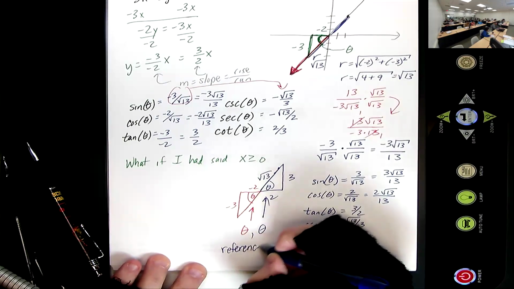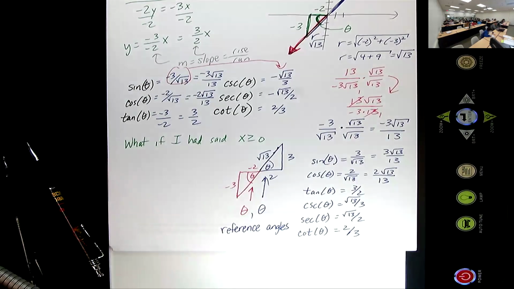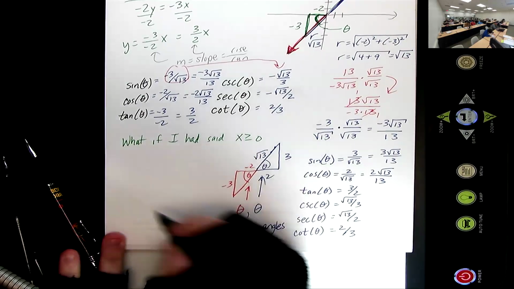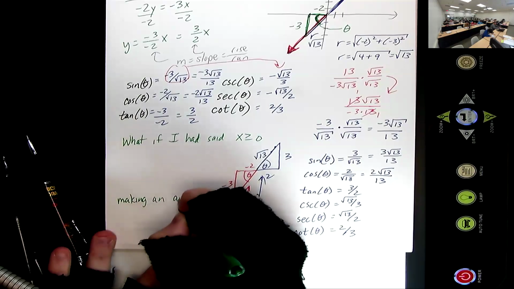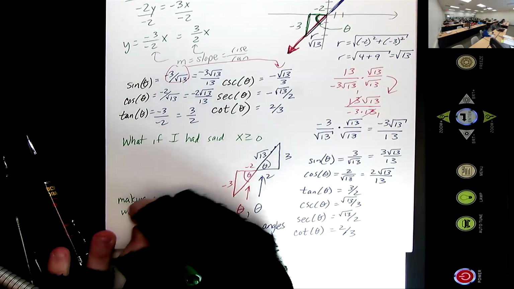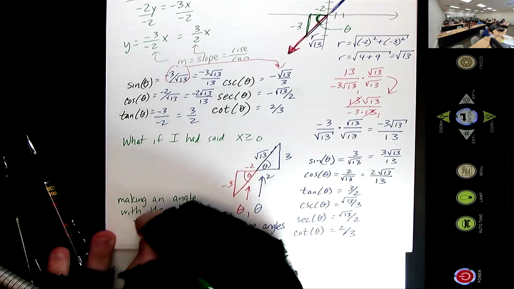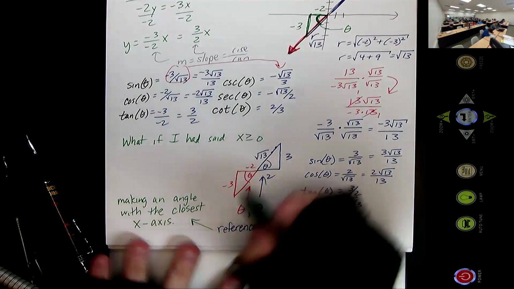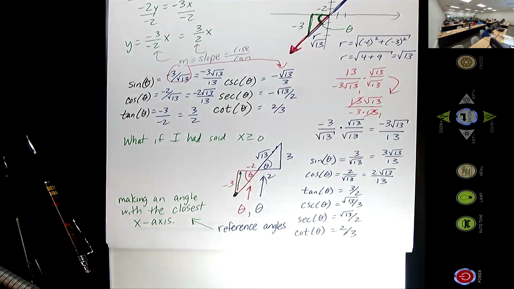This is from 5.3. So they won't mention reference angles in the 5.2 homework, but these are related. Reference angles are made by making an angle with the closest x-axis. So when I was down here, the closest was going straight up to the x-axis there.